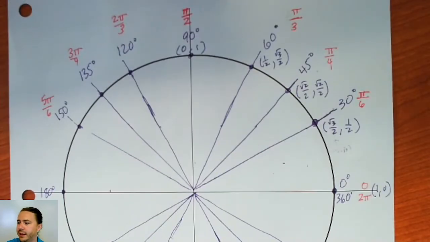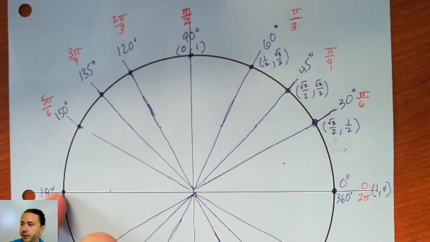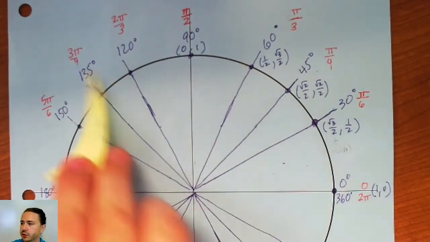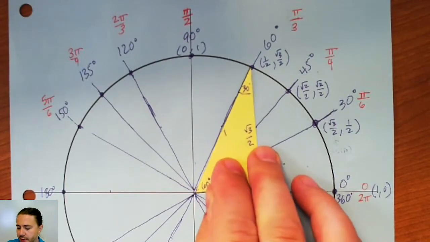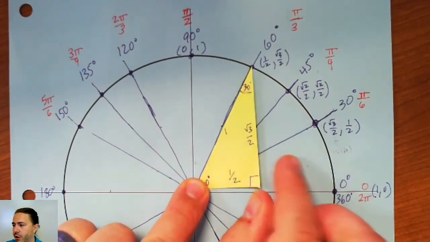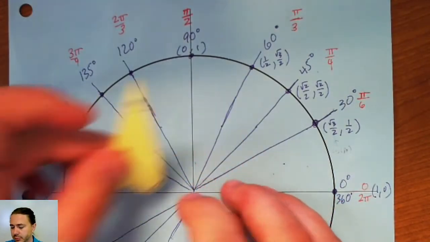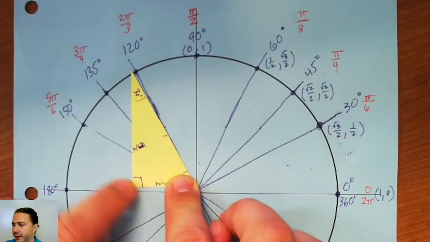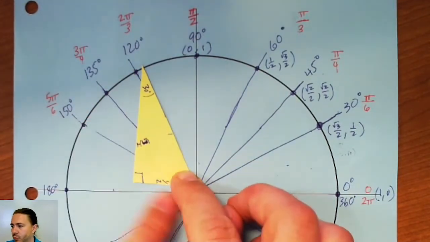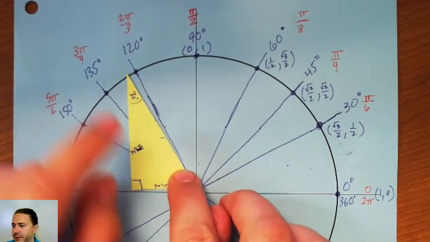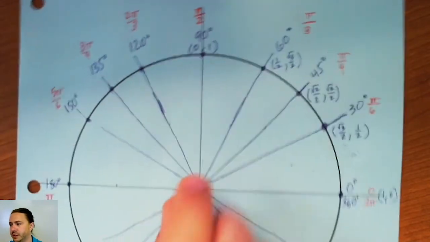And the reason why I say that is because all these points are just going to be reflections of these ones over the y-axis. So if I know that coordinate and I flip this over, these side lengths are basically going to be the same, right? It's 1/2, root 3 over 2. The only difference is in quadrant 2, the x value is negative.